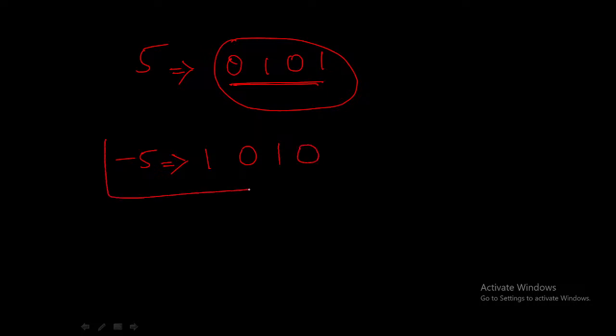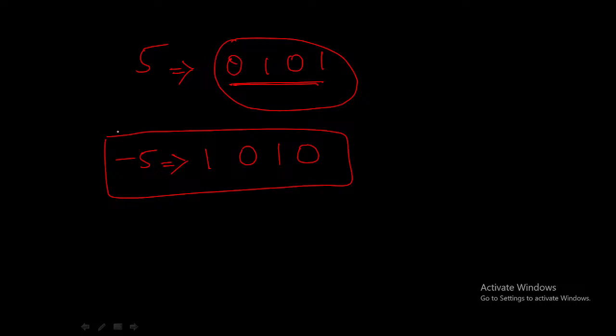So this is the representation of minus 5 in ones complement representation, and the other is plus 5. To represent a negative number in ones complement form, first we write the binary form of the positive number, and then we apply the ones complement on that binary number.